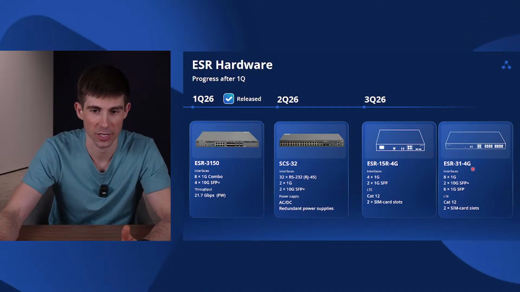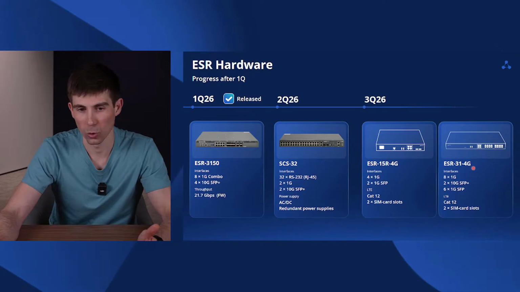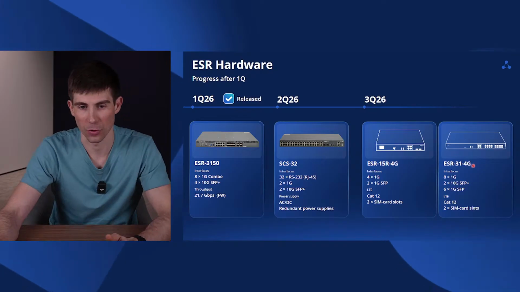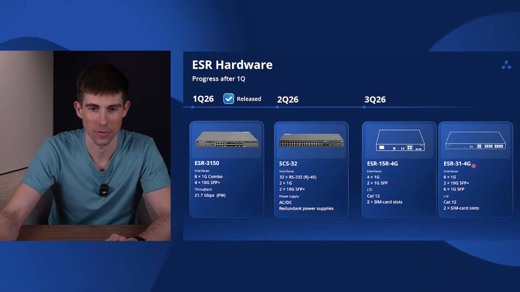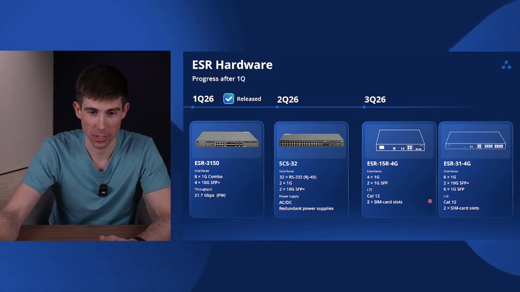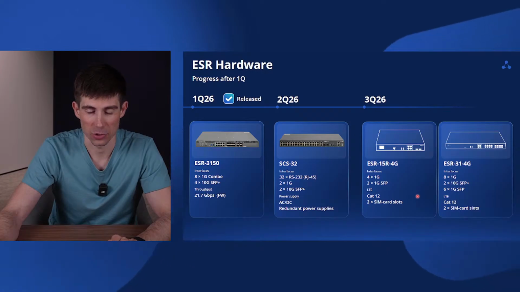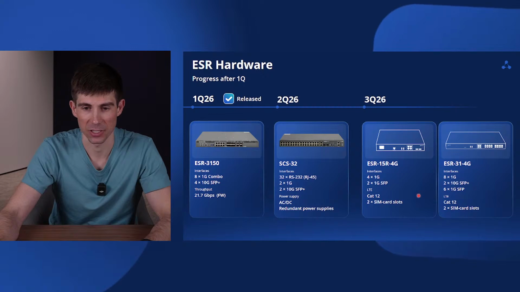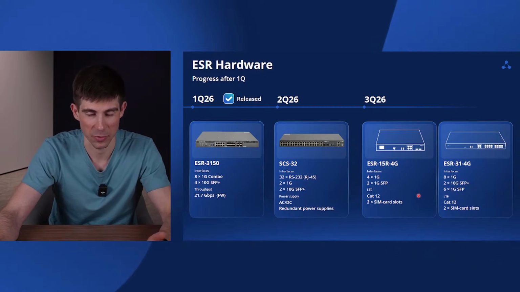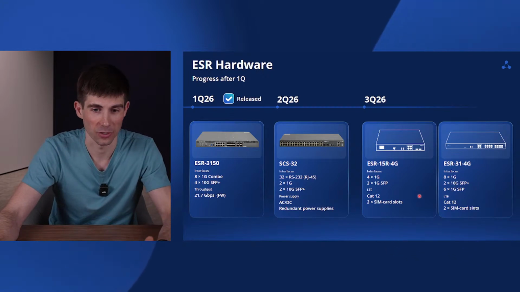But 4G means that in addition to all the functionality and all the features of those models, they will have two LTE ports for SIM cards, category 12, that you can utilize to have a redundant ISP connectivity, or the only connectivity if that is the only option.